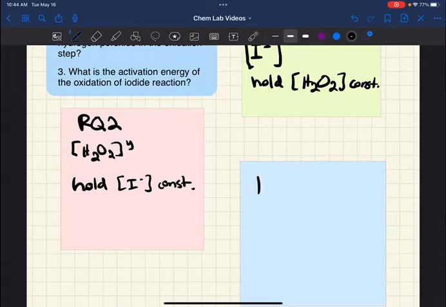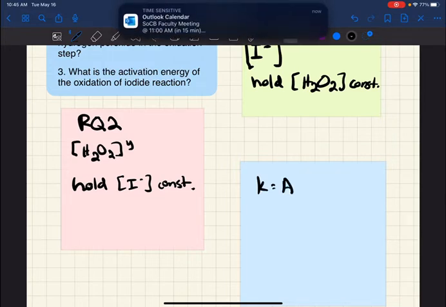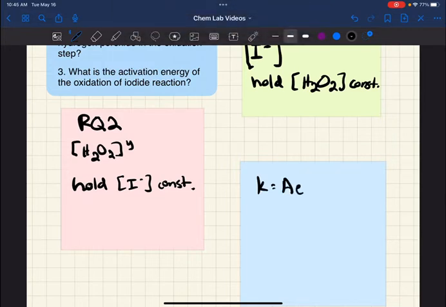For the third research question, we're going to want to know the activation energy. So if you recall, activation energy appeared in the Arrhenius equation as the numerator of the exponent. And in order to solve for this, we're going to actually have to make some sort of plot of 1 over T, 1 over the temperature, and natural log of K. Once we have done that, this is related to the linearized form of the Arrhenius equation, which you can look up.